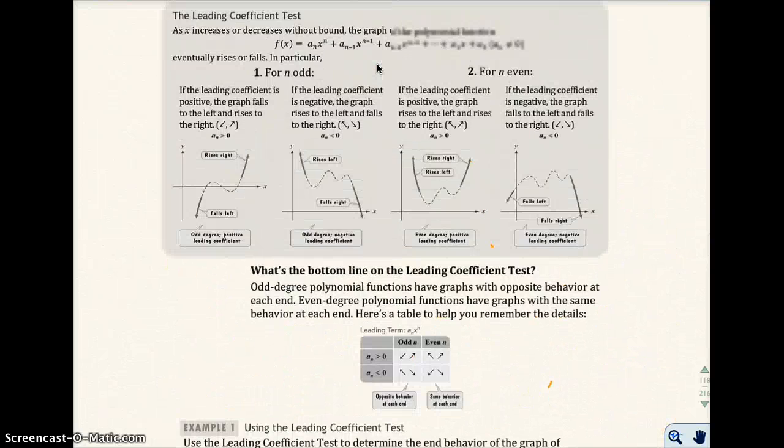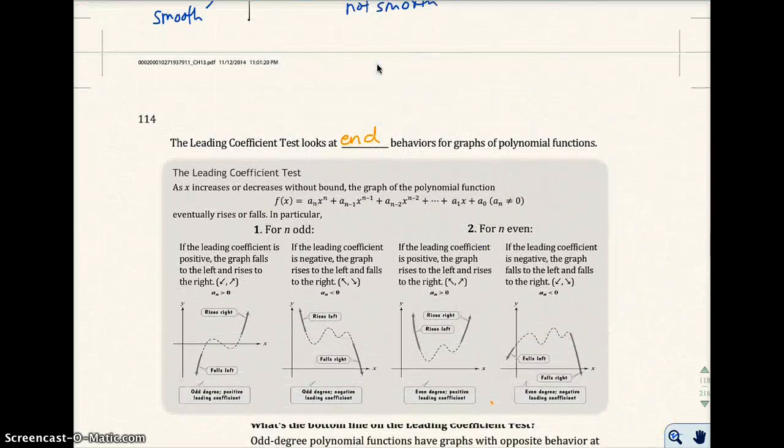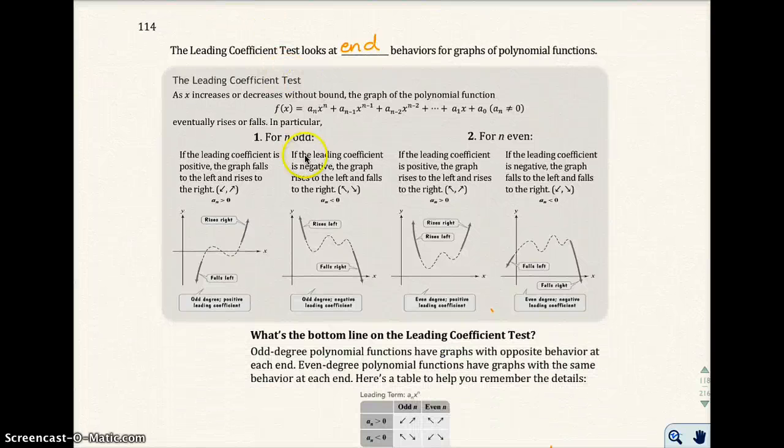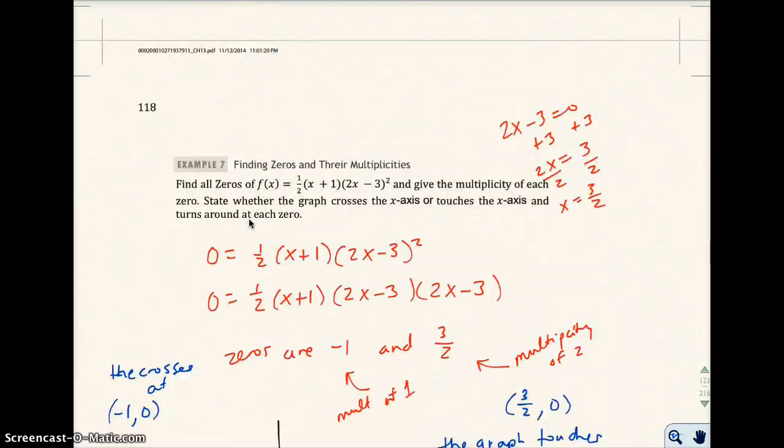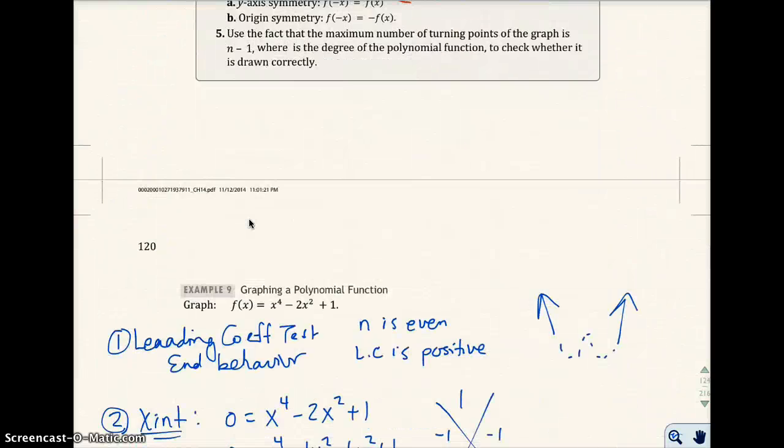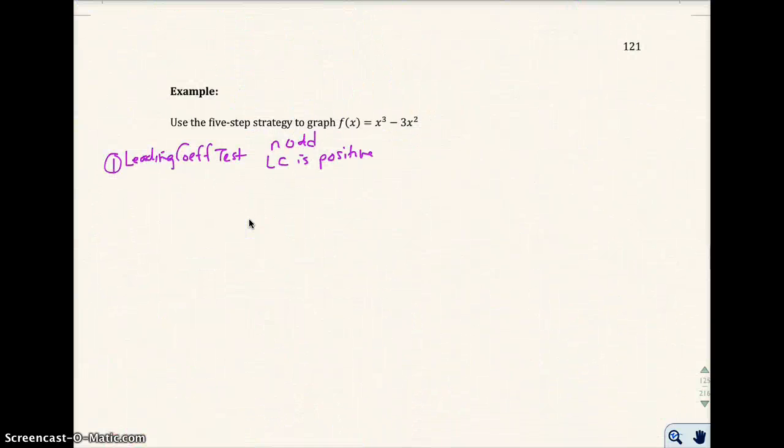The n was odd and the leading coefficient positive, so it should fall left, rise right. So it falls left and it rises right. That's what the end behavior looks like.